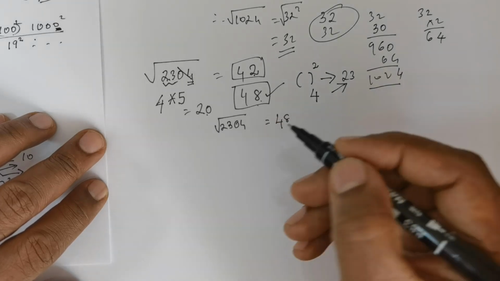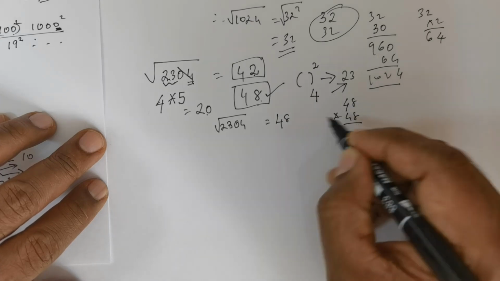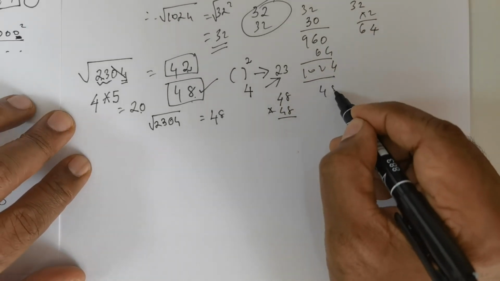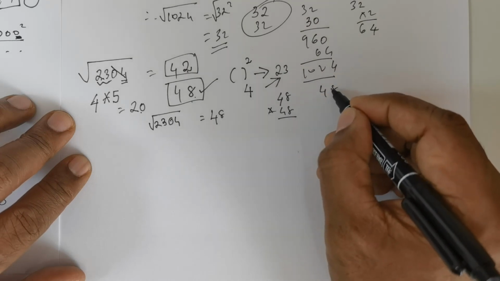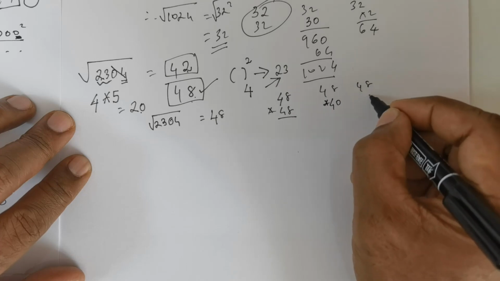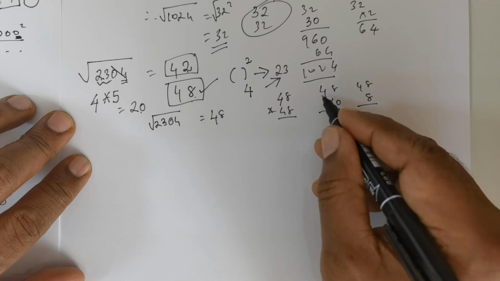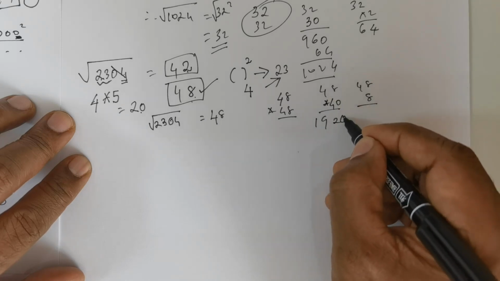Now if you want, you can check that 48 into 48 will produce this. As I've already told you, when you want to multiply numbers like this, just take one as 48, the other as 40, and then take 48 and multiply by 8. So in this case, it will be simple. 32, 3, 16, 9, add a 0.